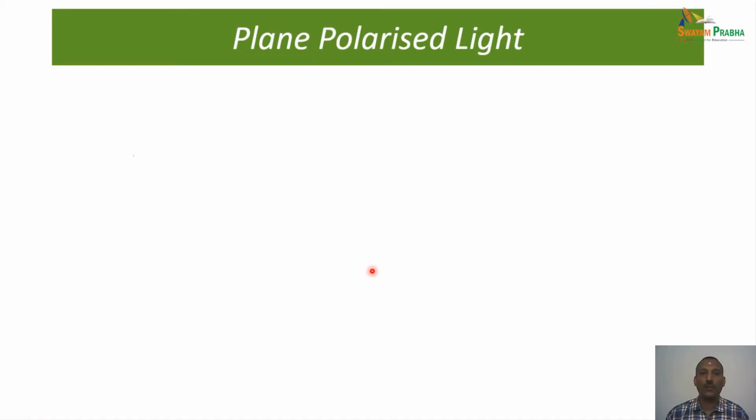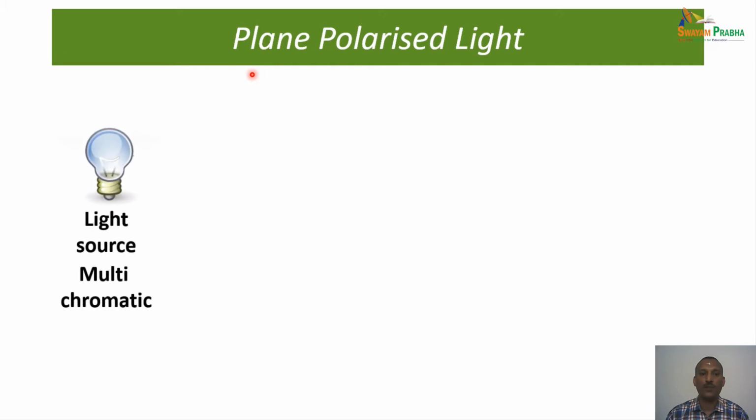Now the question is, what do we mean by plane polarized light? Ordinary light is polychromatic, that means various wavelengths of electromagnetic radiation put together form the light.